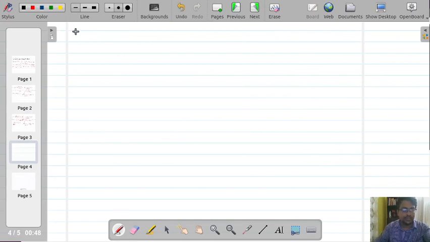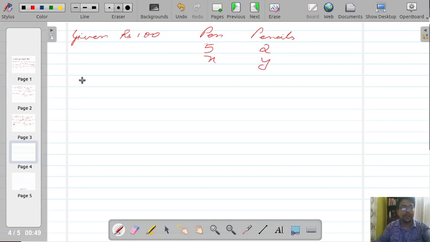So the first thing is that I have given you rupees 100, I have asked you to buy pens and pencils, and I do not give you any restriction on how many pens and how many pencils you should buy. The cost of the pens and pencils is fixed. Now suppose I give you restrictions, so that I do not want somebody to come to me with 0 pens or 0 pencils.